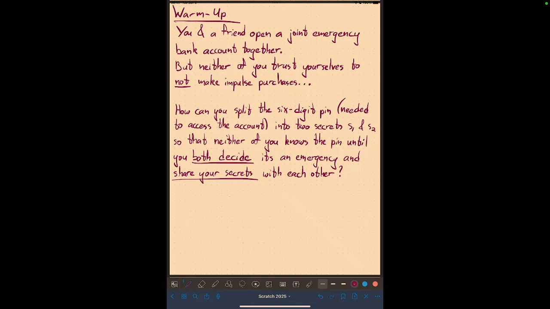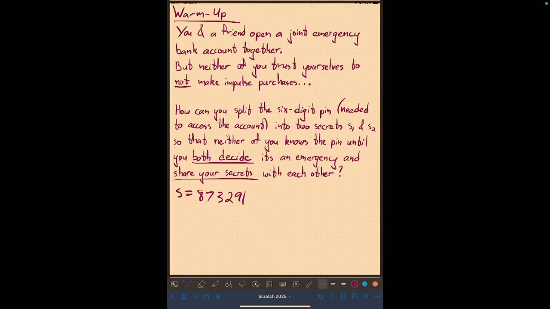You want to find a way to split the PIN so that you can only recover it if you both come together and share your secrets. So let's say for a second that this is secret S. Let's just pick some number, 873291. The question is, how can I split that secret into 2 shares so that we can't, yeah?